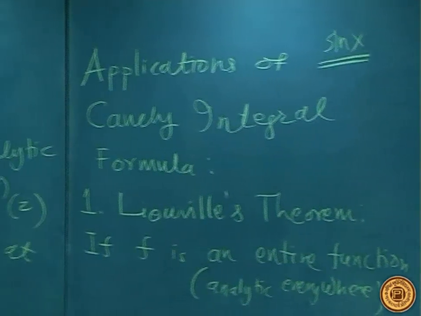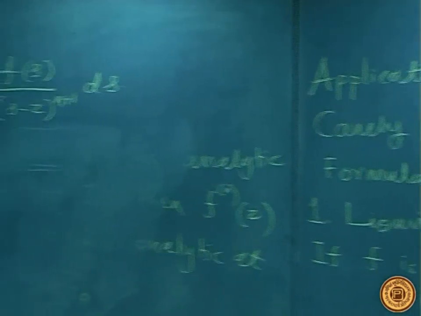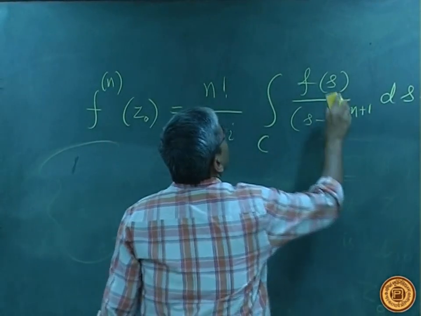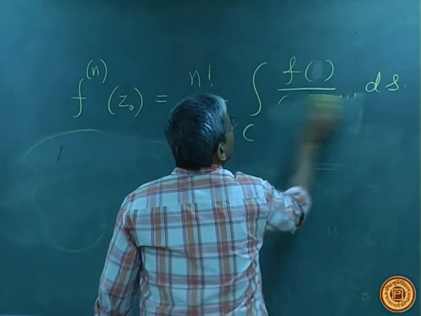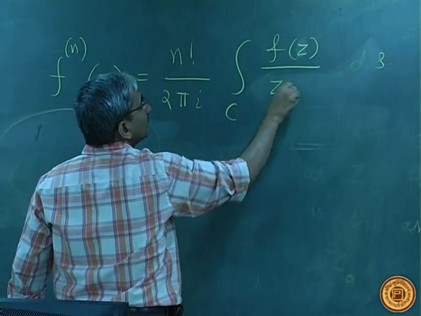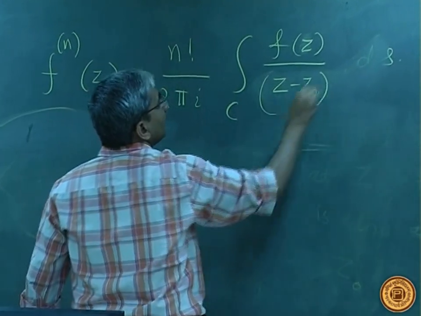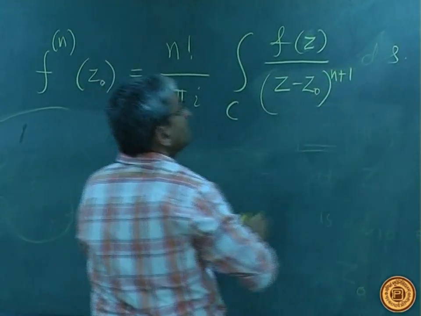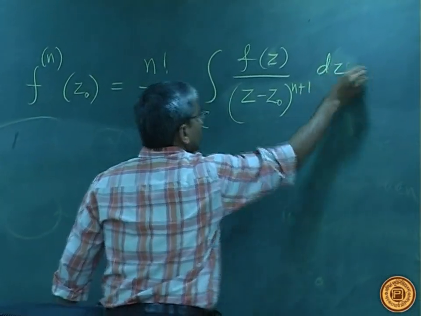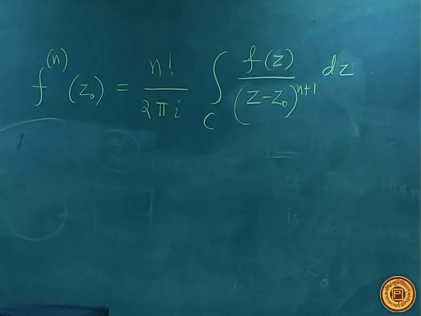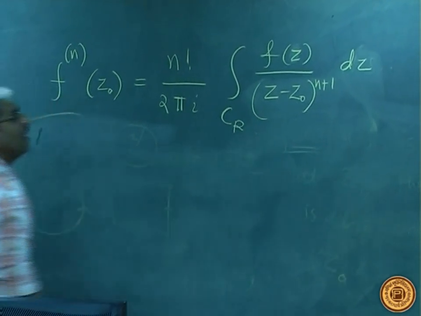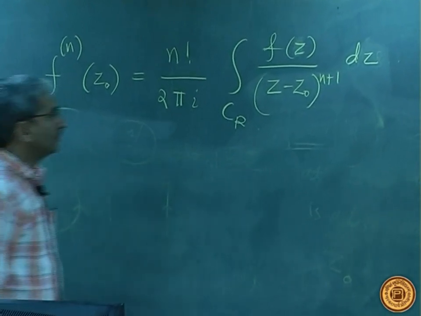So the nth derivative at z naught is, the integral of f(z) upon (z minus z naught) to the power n plus 1, dz, where the curve under consideration is CR.